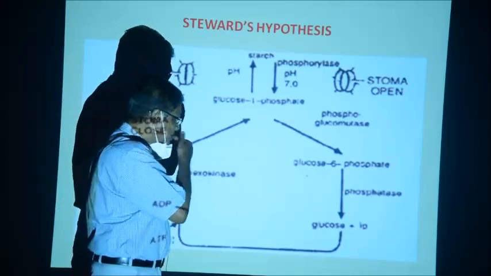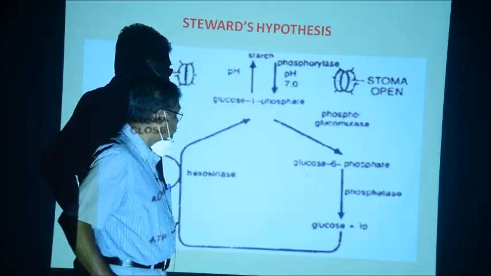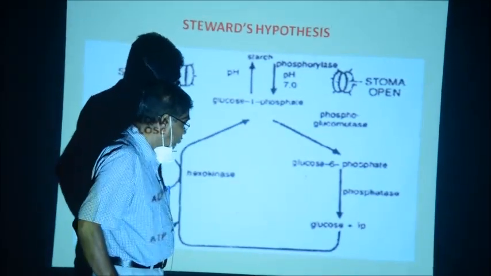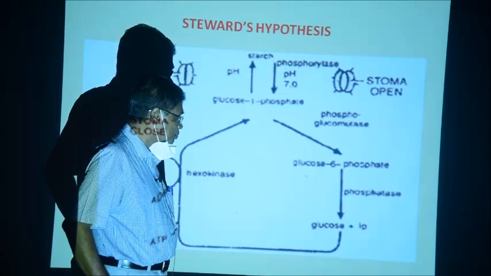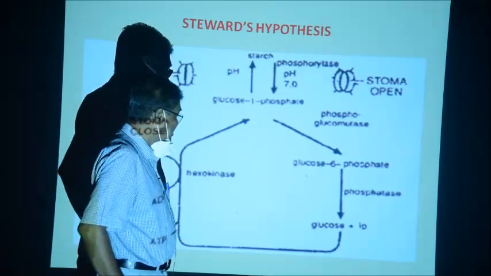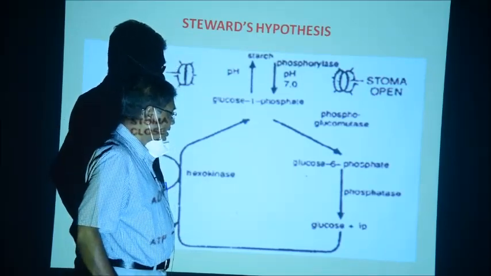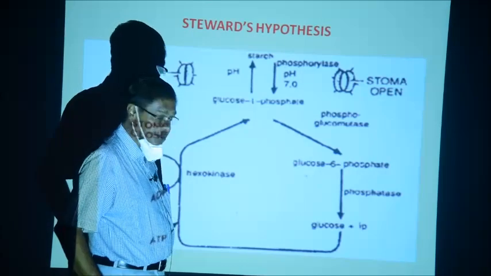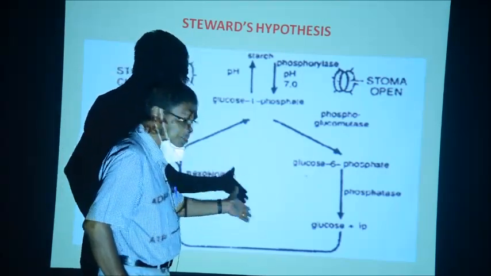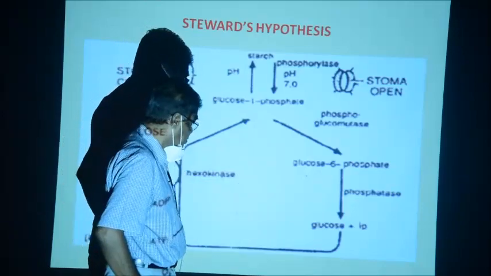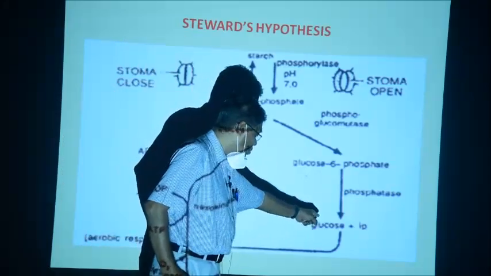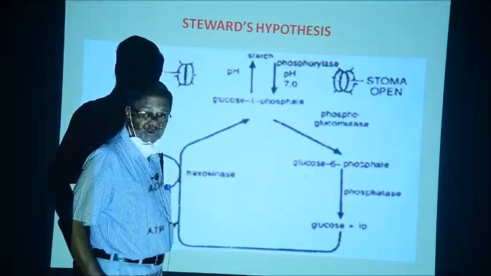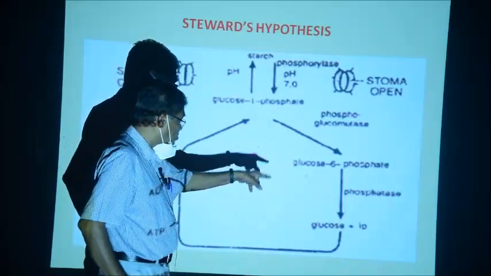Now, this mutase enzyme converts glucose 1-phosphate to glucose 6-phosphate. Once glucose 6-phosphate is formed, it breaks to form glucose and inorganic phosphate. That means phosphate is removed from glucose. The enzyme responsible for this process is phosphatase.